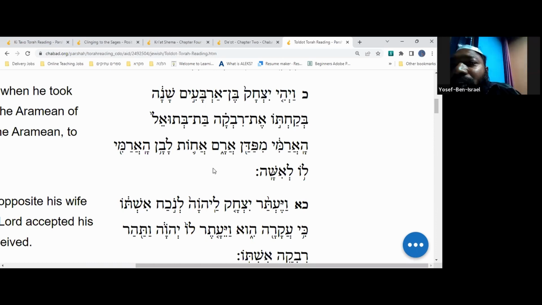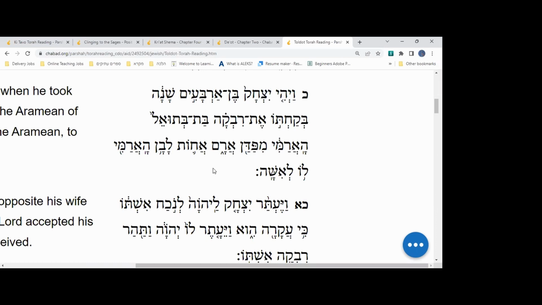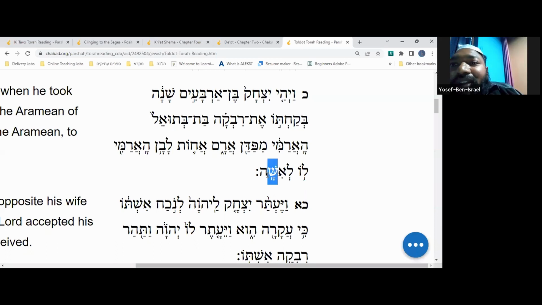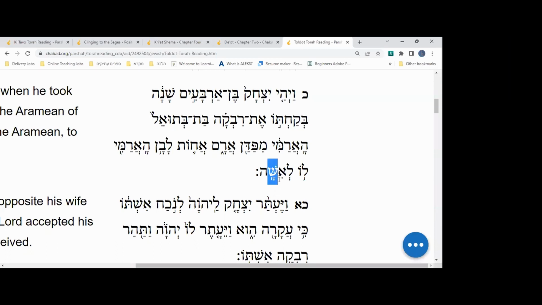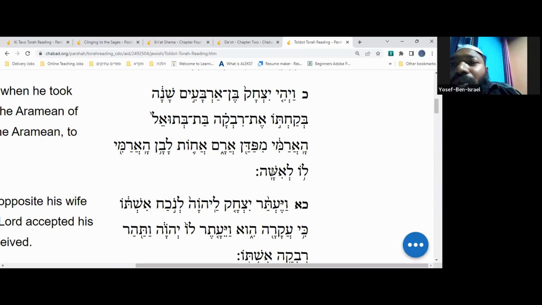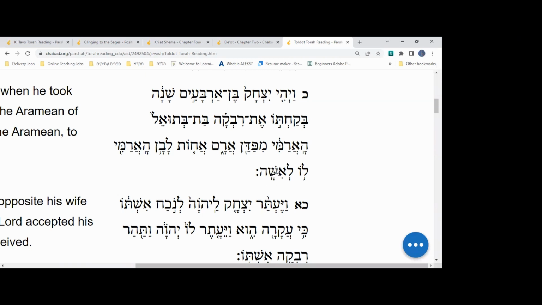Le'isha. Again, the dagesh. You emphasize the dot in the middle of a letter; it's called dagesh.